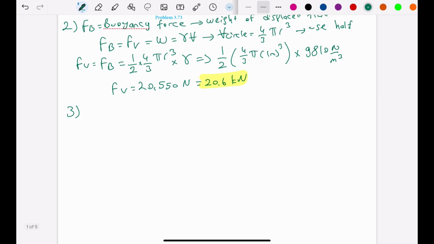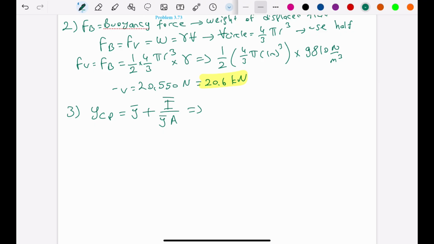As we did in previous weeks, we are going to use this equation, which is center of pressure is equal to depth of centroid, or distance from water surface to the centroid, plus inertia over distance times area.